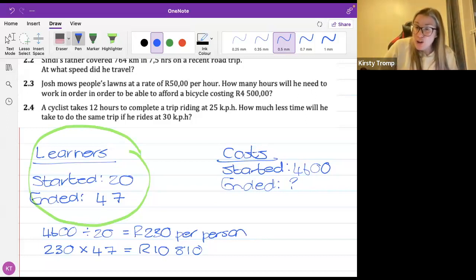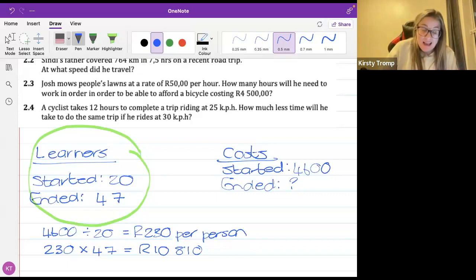So I took the total that they gave me, the rands. I divided it by the number of learners, and it gave me 230 rand per person. I times it by the new number of learners, and it gave me 10,810.